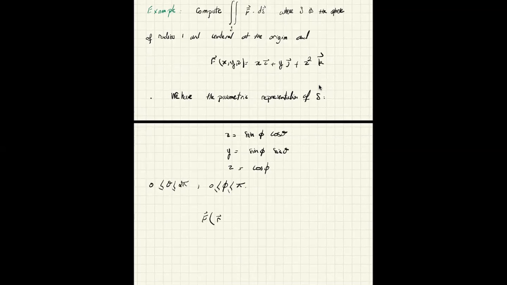So F evaluated at r: you have to substitute what you have here, so it will be sin phi cos theta i plus sin phi sin theta j plus cos squared of phi k.